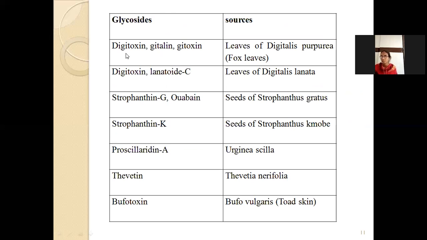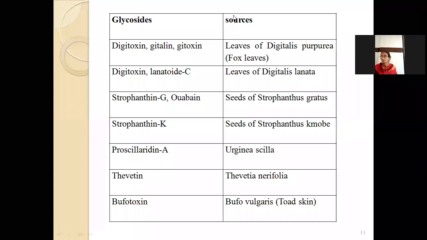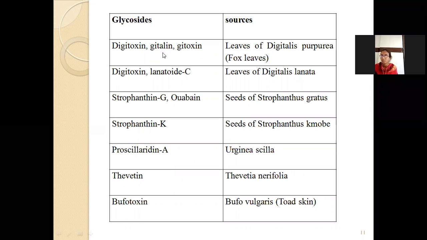Here, digitoxin and gitalin are mainly obtained from the leaves of Digitalis purpurea. Next, digoxin and lanatoside C are obtained from Digitalis lanata. The third one is ouabain or G-strophanthin, obtained from the seeds of Strophanthus gratus.